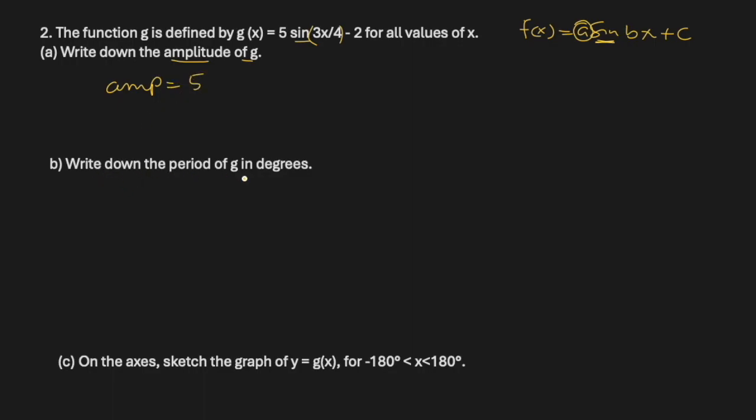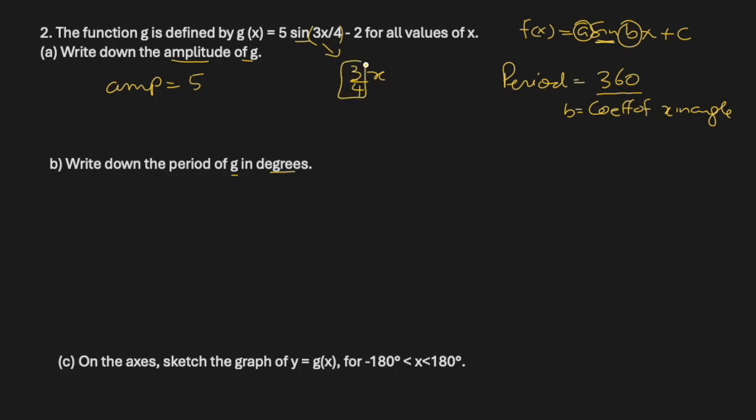Write down the period of the g in degrees. Period is always 360 divided by coefficient of x in angle. So b, basically 360 divided by b, which is coefficient of x. So in this, what is this angle? If you look carefully, it is 3x/4, which we can write as 3/4 x. So what is the coefficient of x? 3/4.